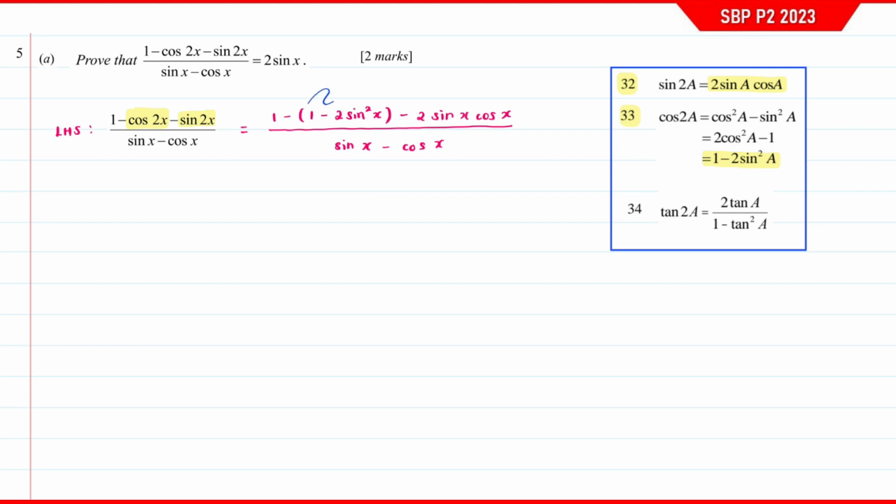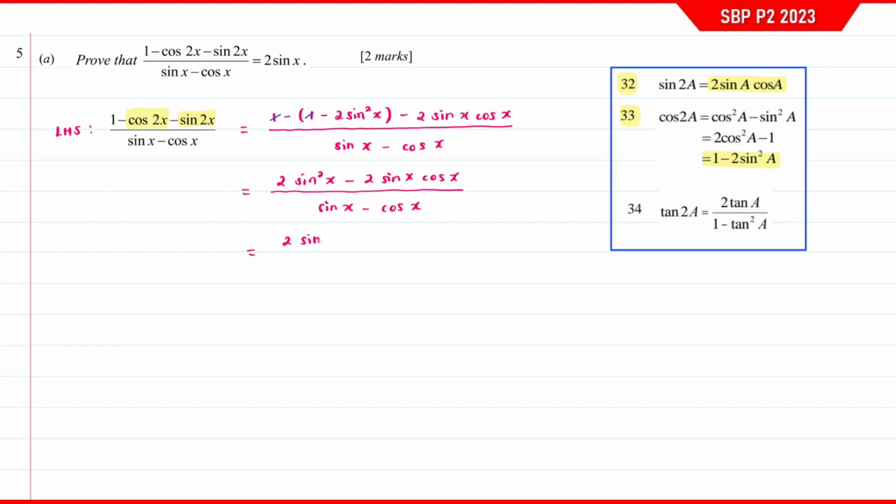So here we're going to get 1 minus 1, so the 1 here will be cancelled, and the negative here will become positive. So here we're going to get 2 sin squared x minus 2 sin x cos x. For the numerator part, we have the 2 sin x as our common factor, so we can do the factorization.